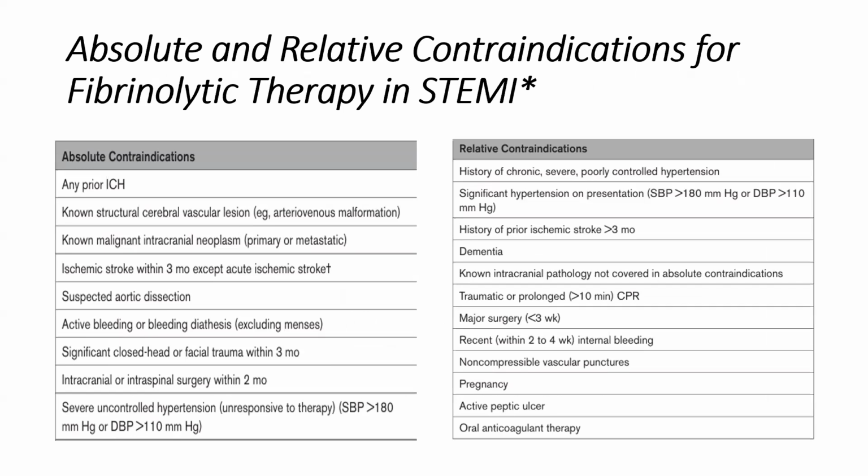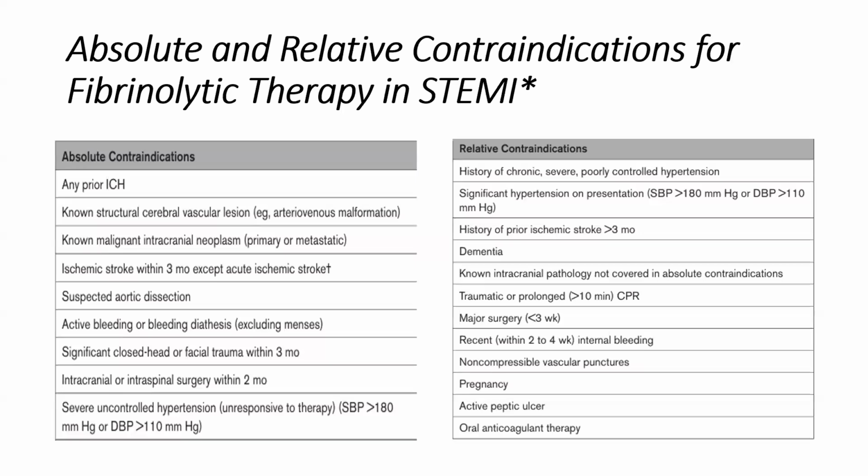Absolute contraindications are any prior ICH, known structural cerebral vascular lesion, known malignant intracranial neoplasm, ischemic stroke within 3 months except acute ischemic stroke, any suspected aortic dissection, active bleeding, bleeding diathesis, significant closed head and facial trauma within 3 months, intracranial or intraspinal surgery within 2 months, and severe uncontrolled hypertension.